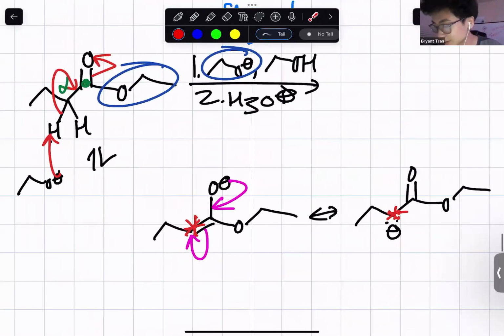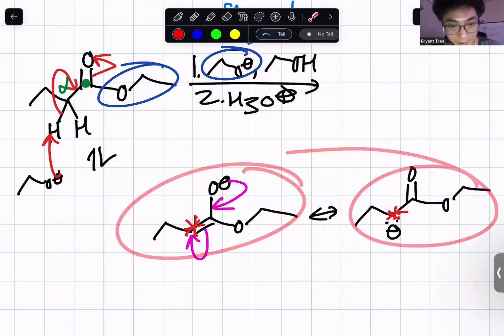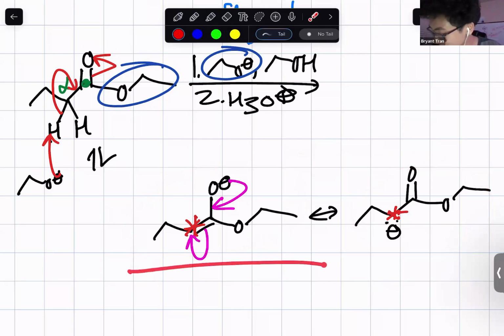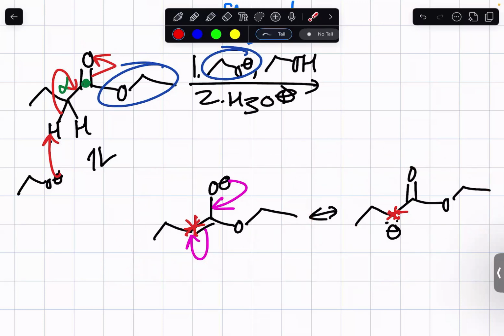Yes, and for Leeuwen's mechanism especially, she wants you to draw all resonance structures. Yeah, okay. Right, so she wants you to draw this, and there's one more here. What is the other resonance structure you can see from this structure here? It could go down to the other side, the double bond? Or no?